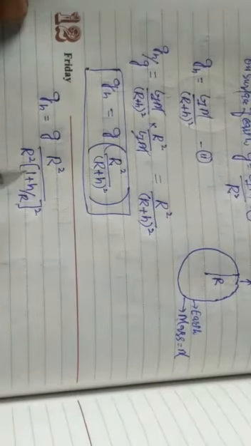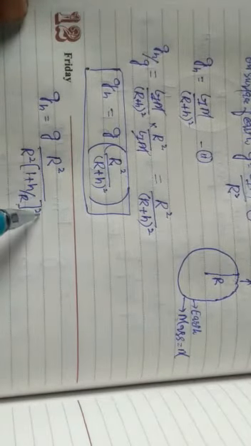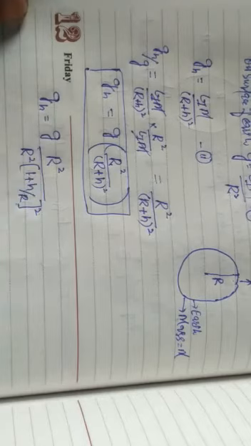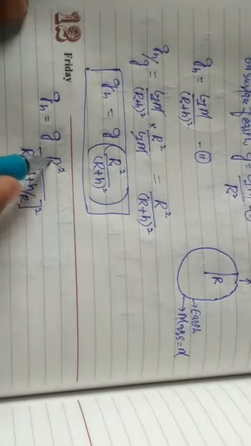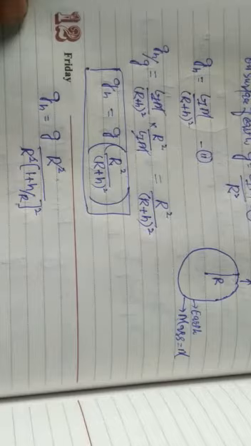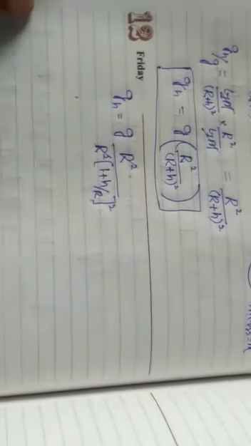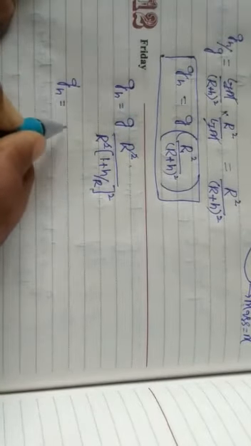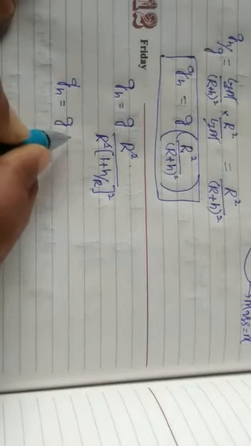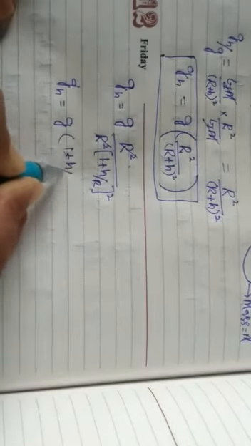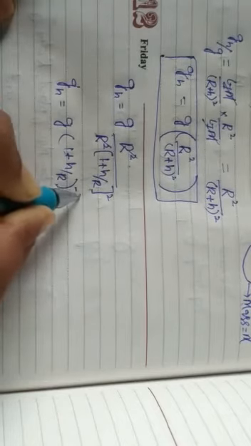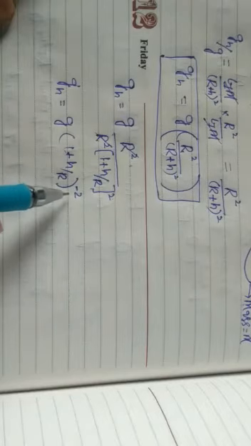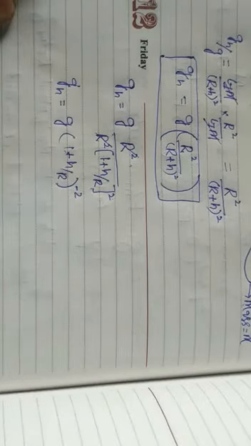R and R will cancel, and this R square is going to cancel with the numerator. Now we have gh equals g of 1 plus h by R raised to power minus 2, because it was in the denominator, I took it to the numerator with a negative power.